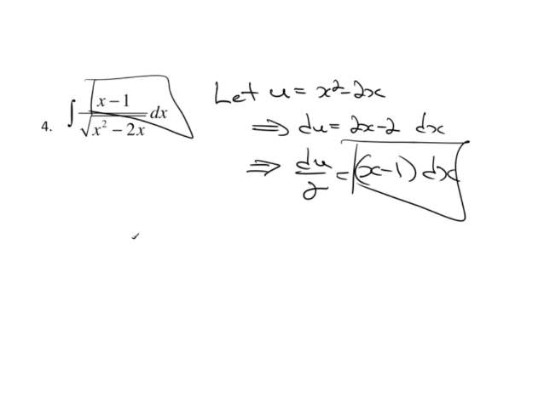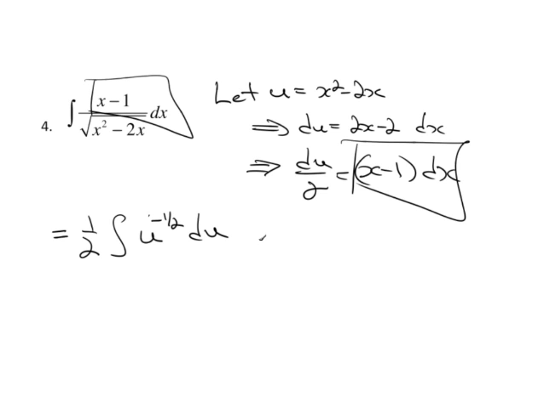So rather than trying to force in an inverse trigonometric function, I now recognize that this is the same as 1/2 times the integral of, well, I'm going to write this as u to the negative 1/2 du.